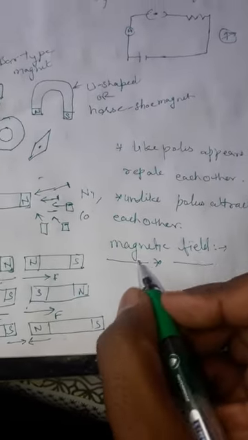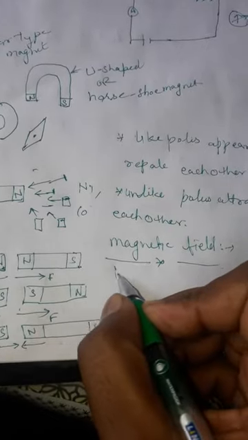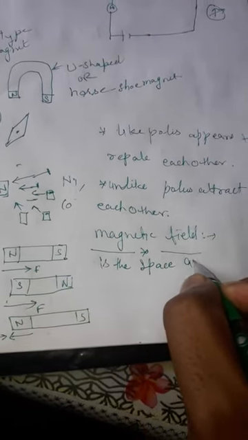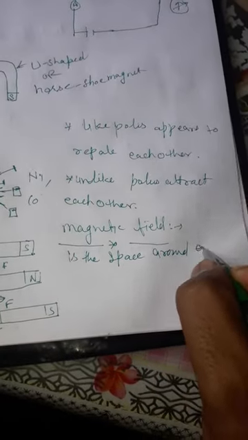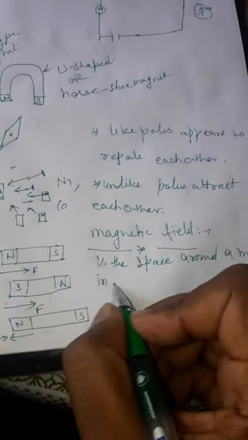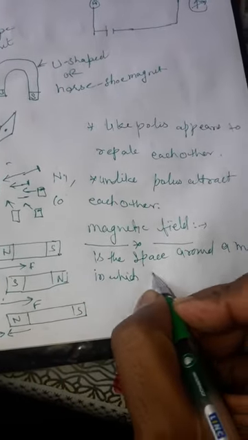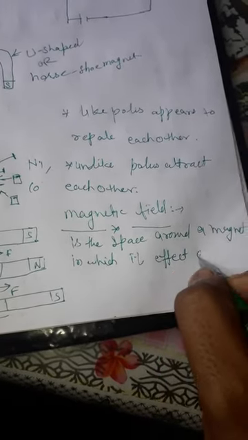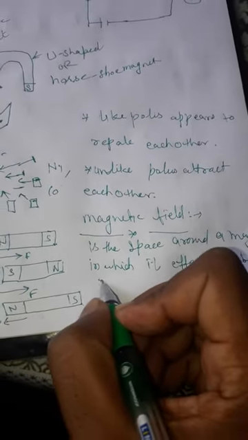So we can write here: magnetic field is the space around a magnet in which its effect, meaning magnetic effects, can be experienced.